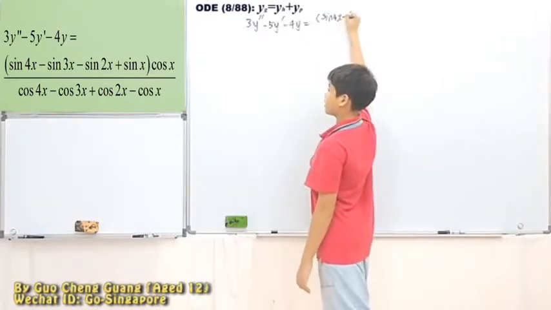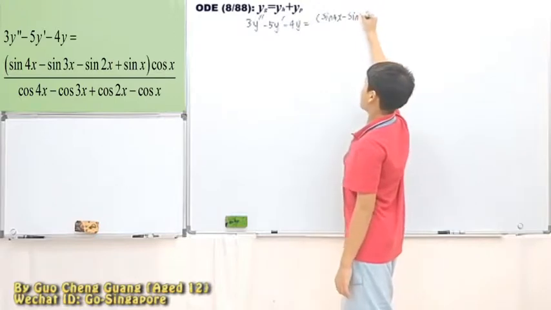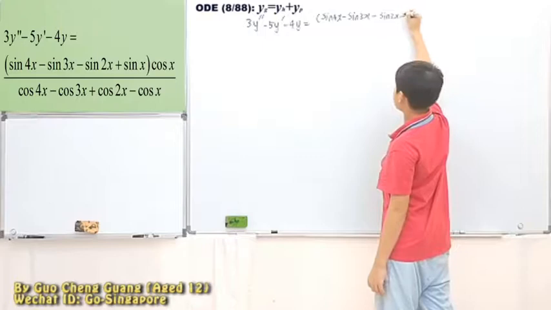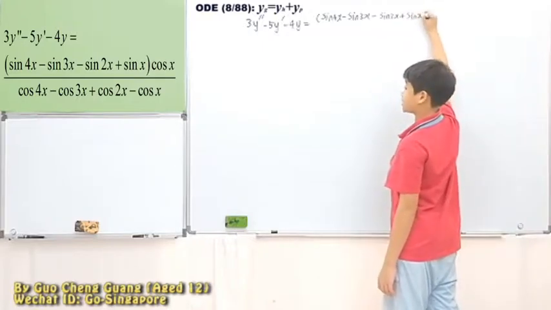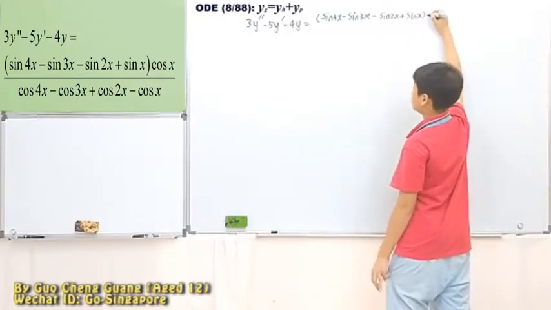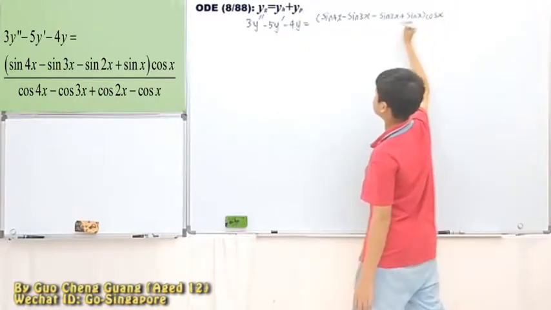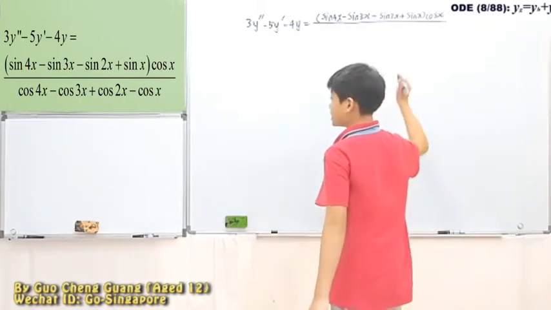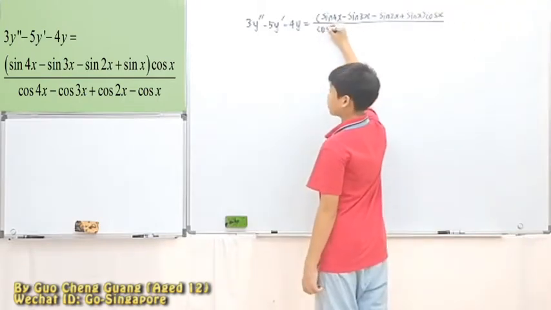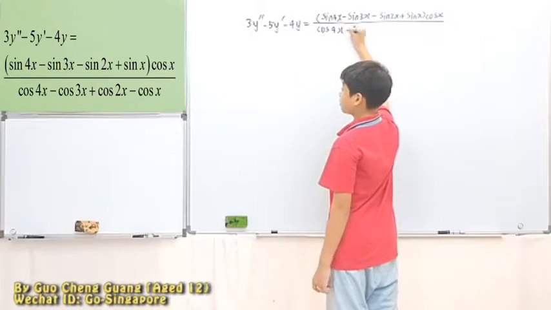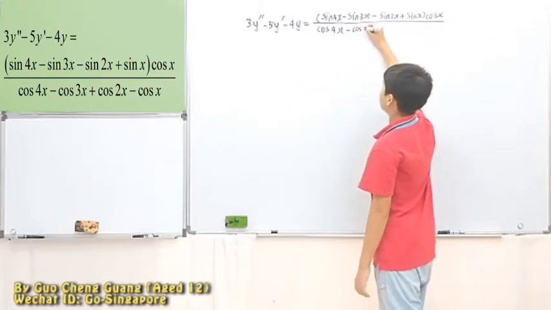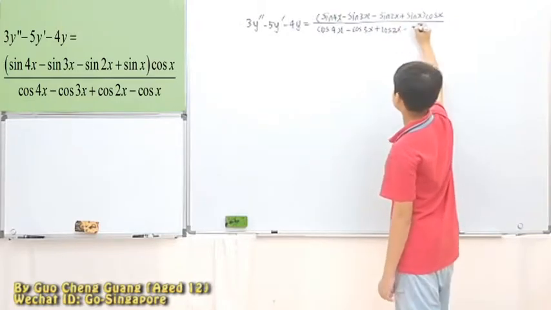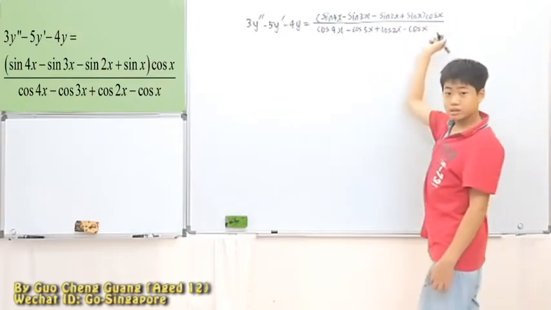The numerator is sin 4x minus sin 3x minus sin 2x plus sin x, then times cos x. Then for the denominator, cos 4x minus cos 3x plus cos 2x minus cos x.